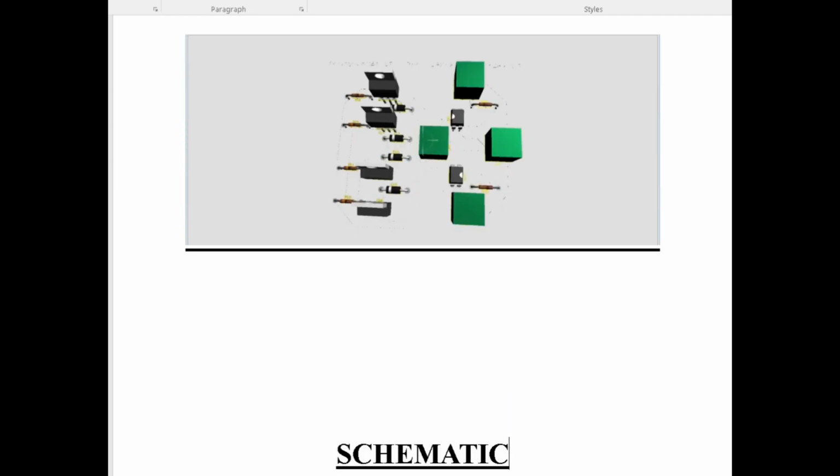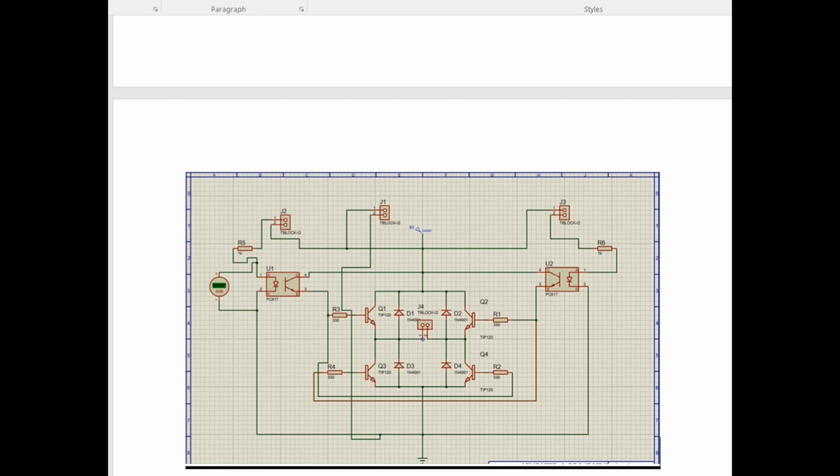Now moving on to the schematic diagram. Now you are going to understand what's happening here. If you see on the right side, J3, the T-block number 2, it is a switch. We couldn't use the switch in the PCB design, we used it manually. So consider the T-blocks J3 and J2 as switches, okay?